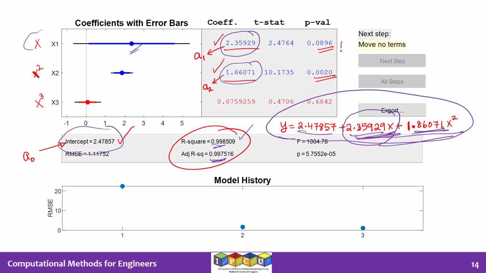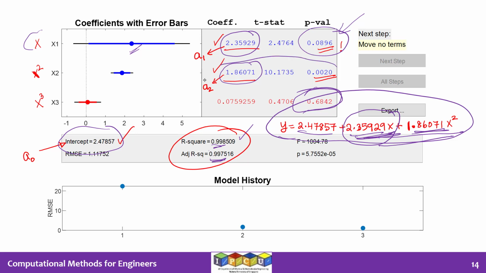So this model is good, but from a practitioner's point of view or even a purist point of view, this A1x term is deemed unimportant. All right, there are things we can talk about, p-values, etc. If this p-value is more than 0.05, that's considered to be an insignificant term. So this is clearly insignificant because its value is 0.6842 and it is substantially larger than 0.05.